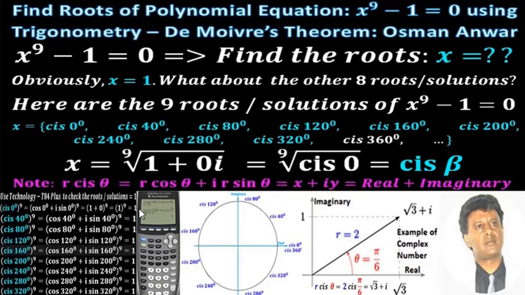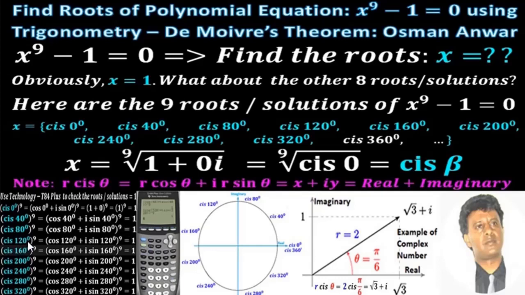Now, if you put in the calculator cis 40 degree to the 9, which is cosine 40 degree plus i sine 40 degree to the 9, you will get 1. Cis 80 degree to the 9, you will get 1.